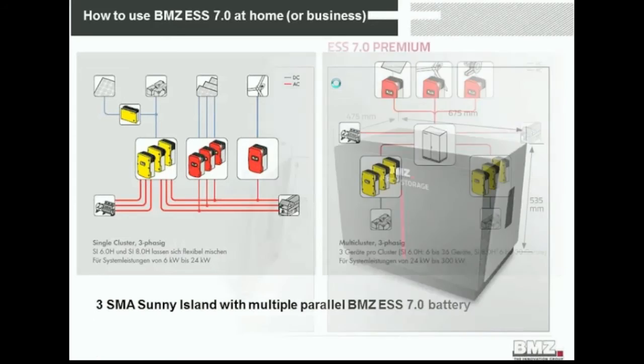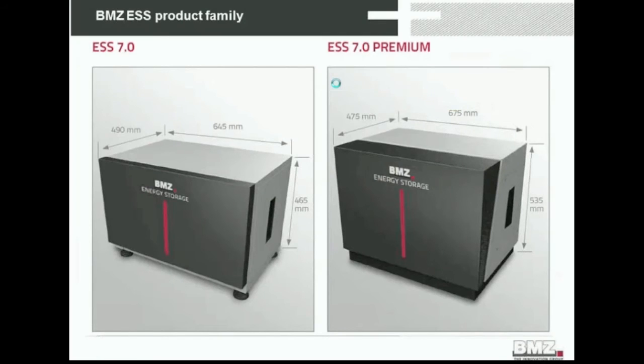So here we have the products. We have two different kinds of ESS, I would say. We have the ESS 7.0, which means 6.7435 kilowatt hours nominal energy inside of the battery.